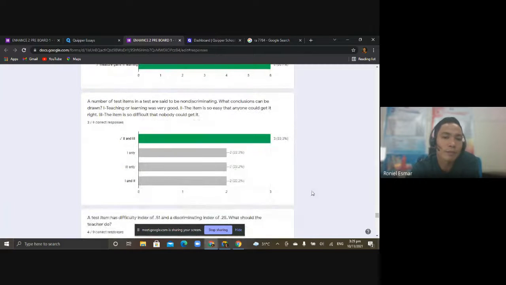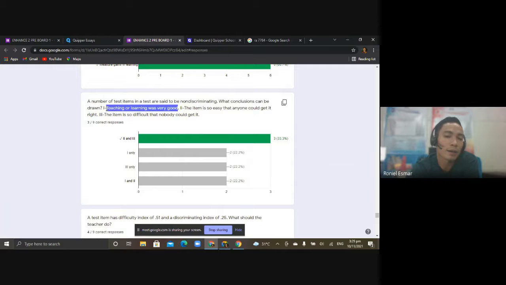Next item. A number of test items in a test are said to be non-discriminating. When we say non-discriminating, what conclusions can be drawn? Is it number 1, teaching or learning was very good? Take note that we are not pertaining to the methodologies or the teaching practice done by the teacher.